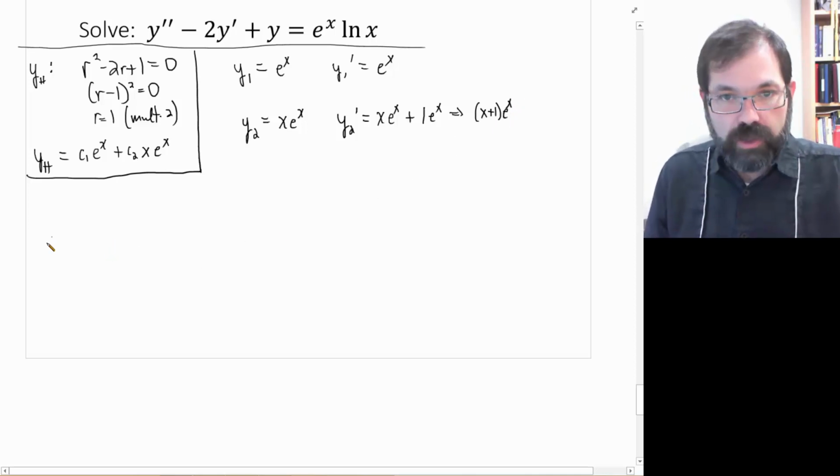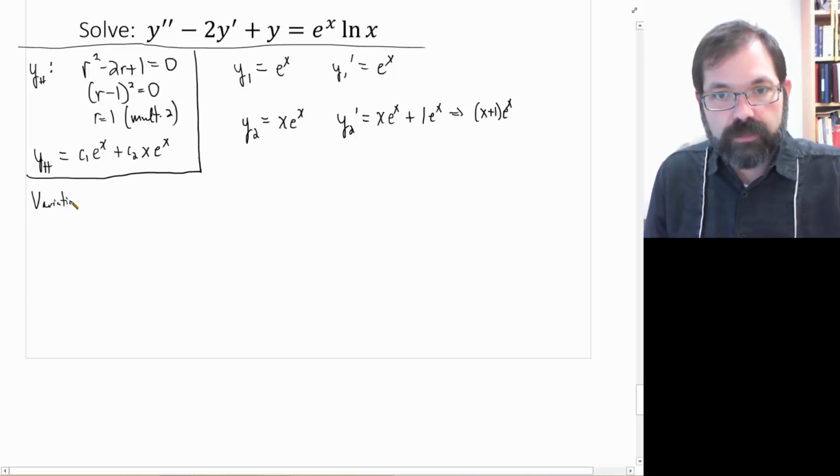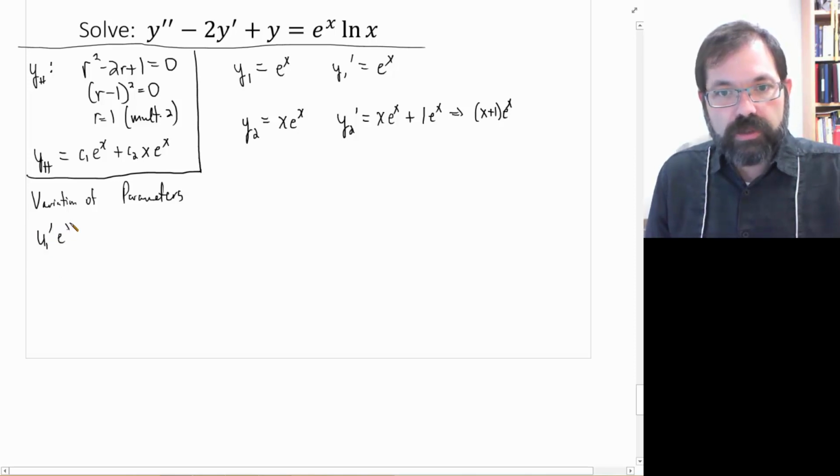Let's write the system of equations. All right, so now variation of parameters. So I've got u1 prime e to the x plus u2 prime times x e to the x is 0.